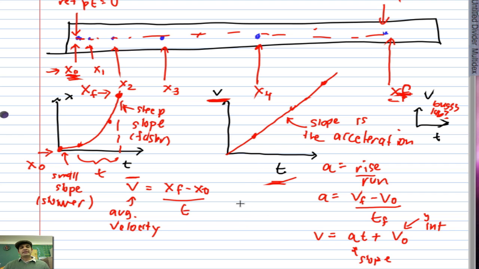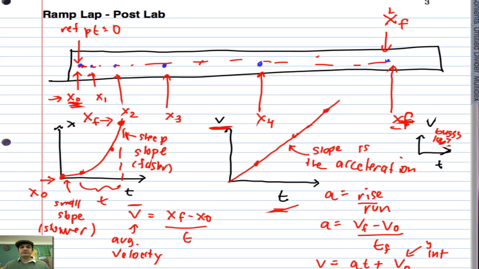Okay. Now what I'm interested in is, suppose I have this point here and this point here, and the question I ask myself is, how fast was the car here? Like in between those two points. That's like a tenth of a second.